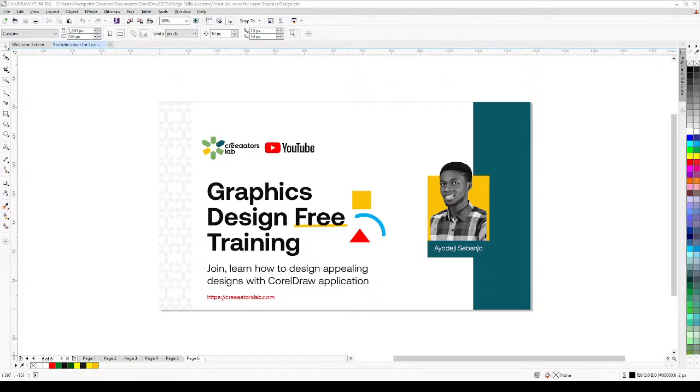No matter how good a designer is, he or she obeys these principles. Some of the principles are balance, contrast, emphasis, movement, proportion, and rhythm.